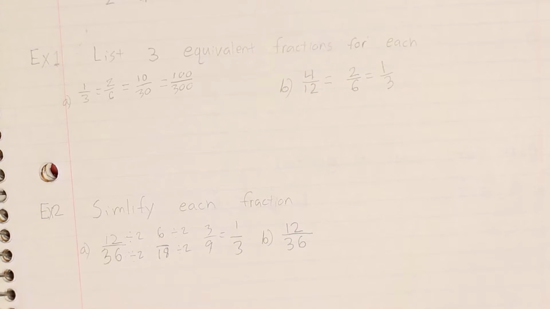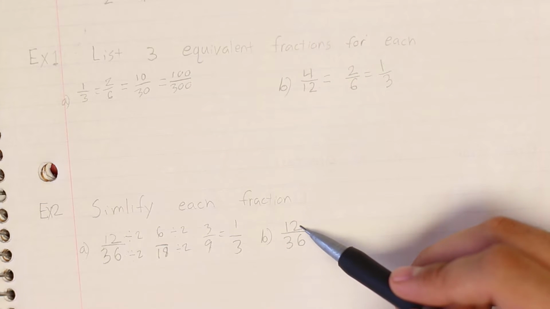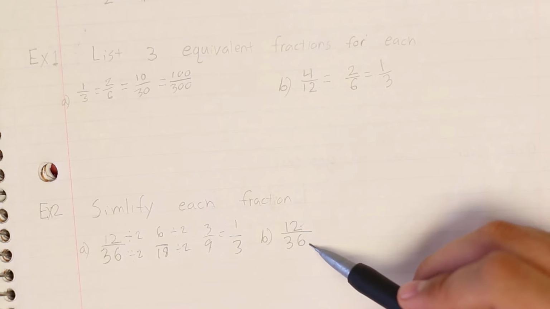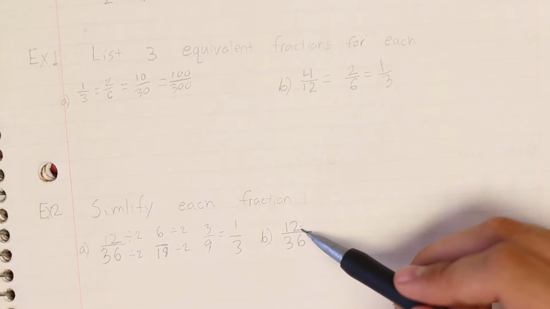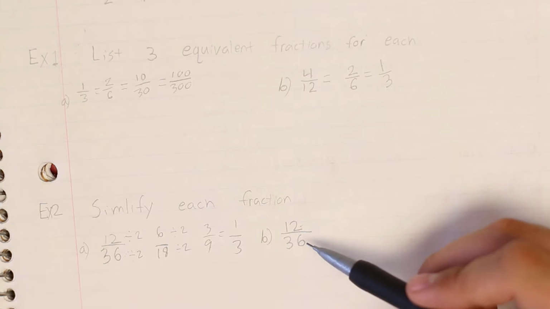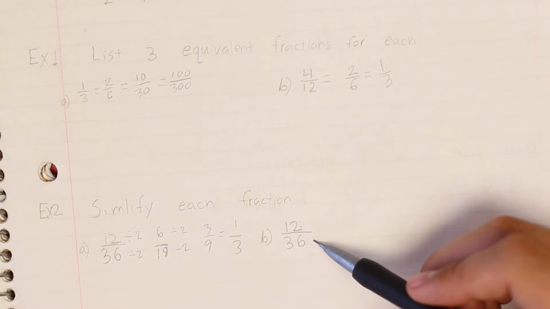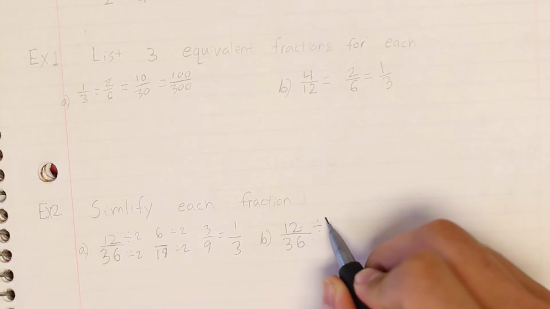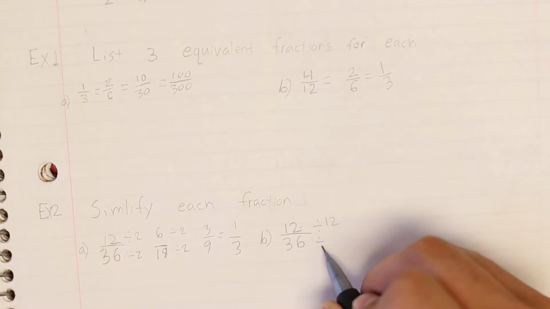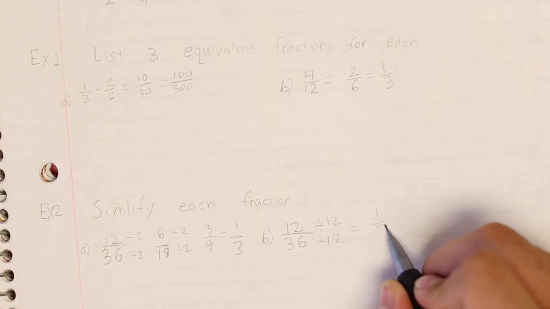Another way you could have done it was just to find the GCF, the greatest common factor, between the top number, which is called the numerator, and the bottom number, which is called the denominator. So the GCF of 12 and 36. So what is the GCF of 12 and 36? What's the biggest number that can go into both of them? 12. Well, if I divide this by 12 and this by 12, it equals 1/3.